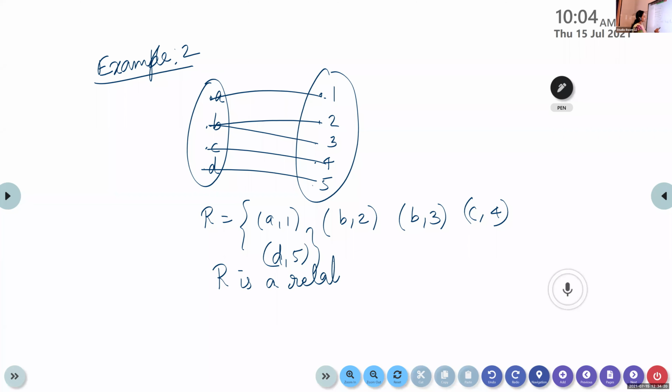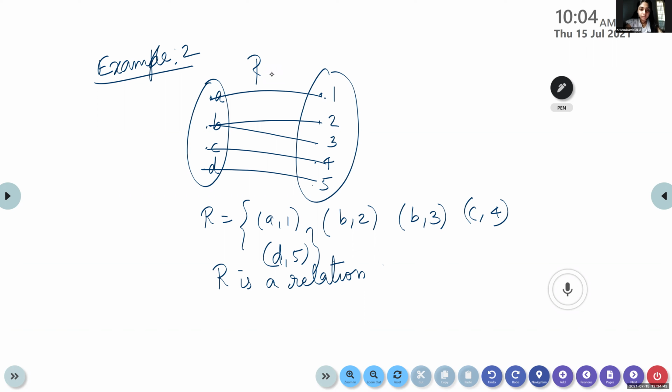Now my question is whether R is a function here. Roseanne, whether R is a function? Yes, ma'am, R is a function. Krishna Kanti, whether R is a function? No, ma'am.